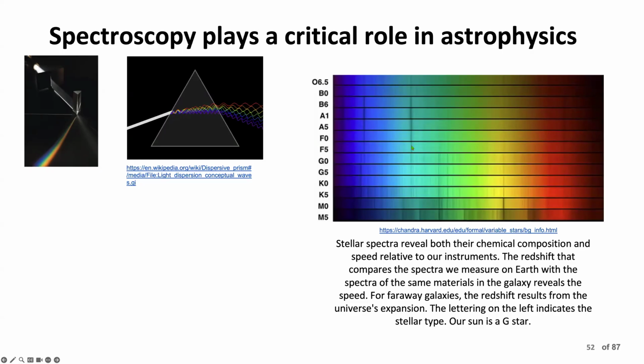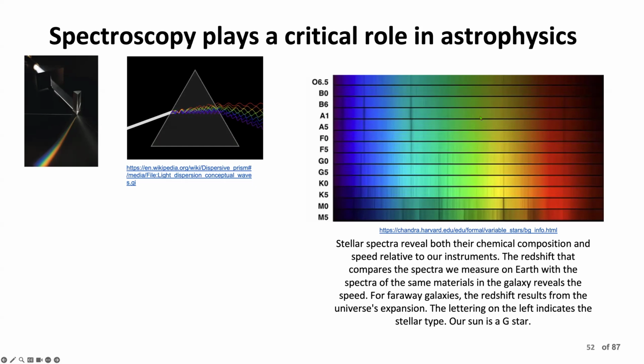If you look closely, you'll see these dark lines. They indicate the chemistry of what's in the atmosphere of the star that produced these various kinds of examples. Each of these is a different kind of star. Our sun is a G star, and it has a variety of chemicals in its outermost surface that absorbs light and re-radiates light.